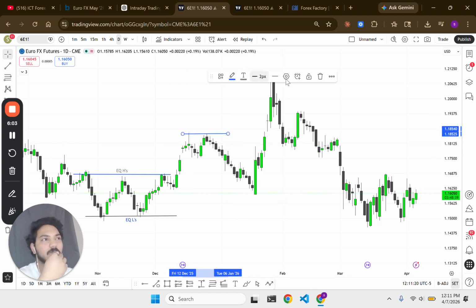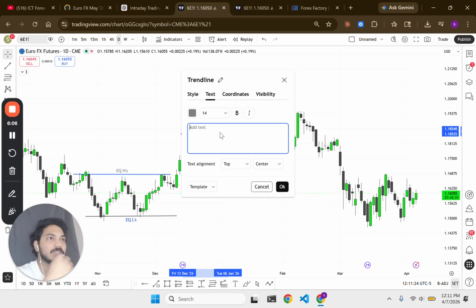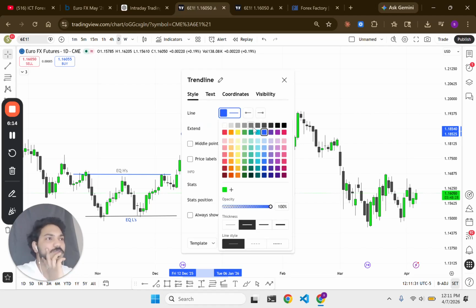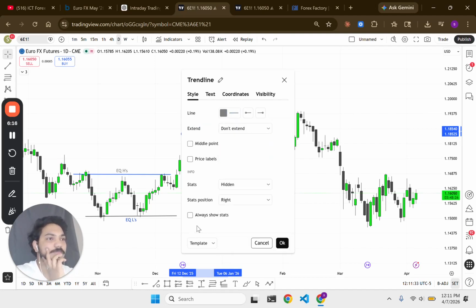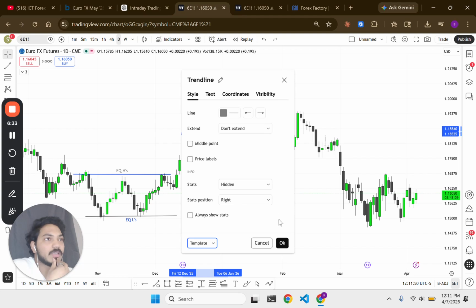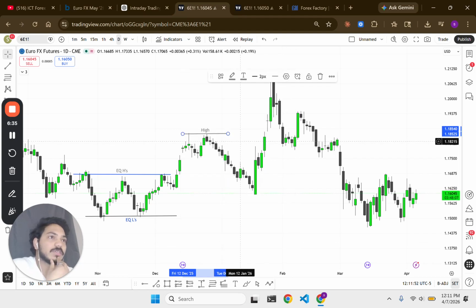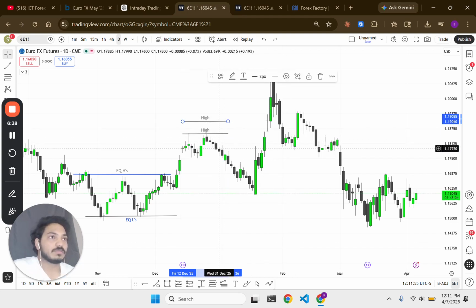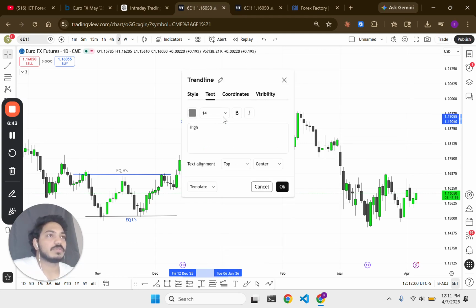Let's say high. Mostly I try to use black, because when you see green and red, it pumps up your adrenaline, and that's not good. So I just feel like using green and black. I marked this as high, and anyway we'll be needing low as well.